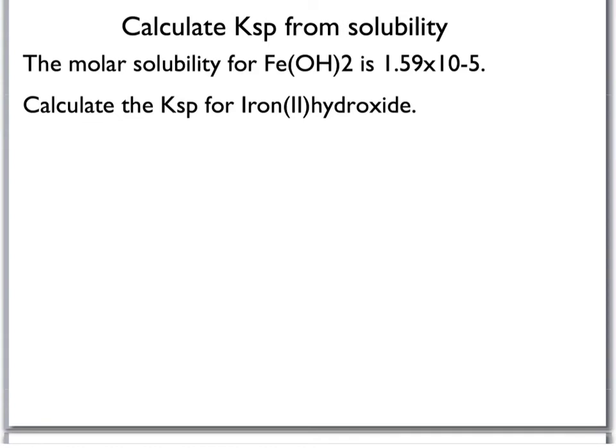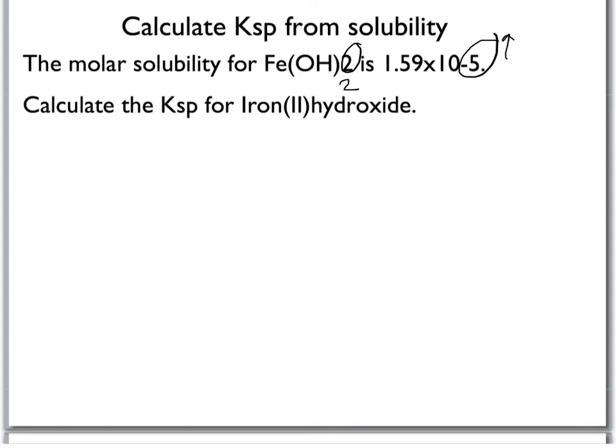Here's another example where we can calculate the Ksp from the molar solubility. A couple things I want to correct. This right here should be a subscript 2. The negative 5 right there should be a superscript, so that should be up. Okay, so we have the molar solubility as 1.59 times 10 to the negative 5.